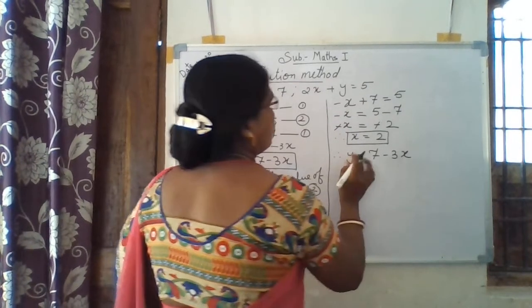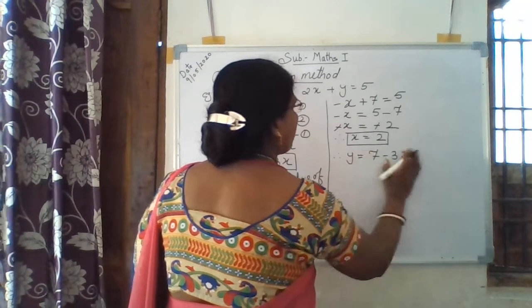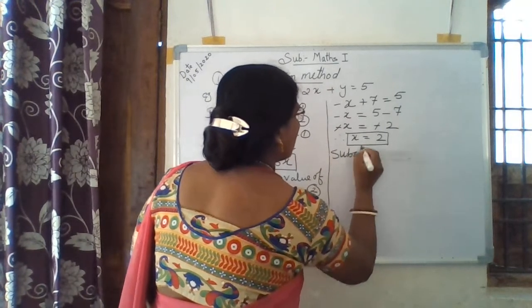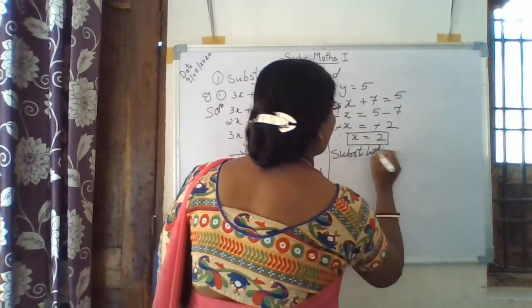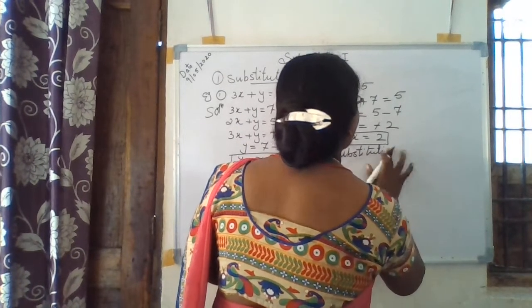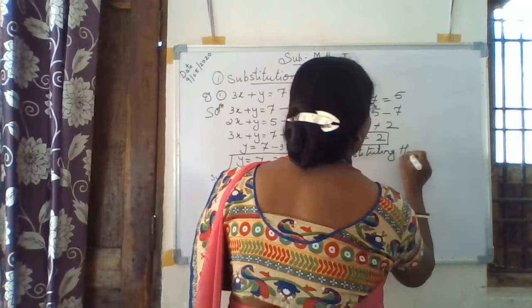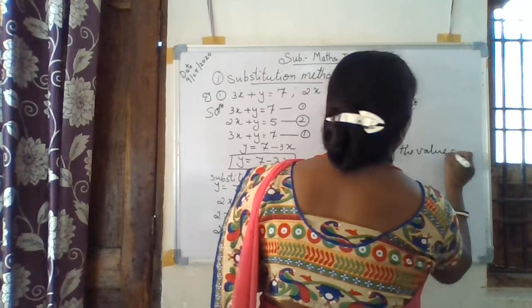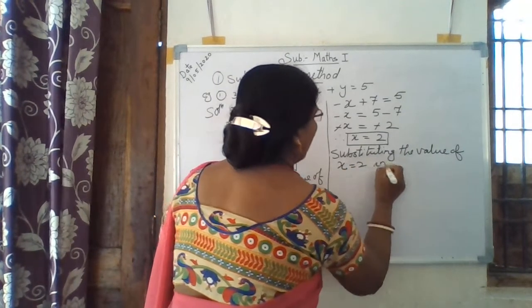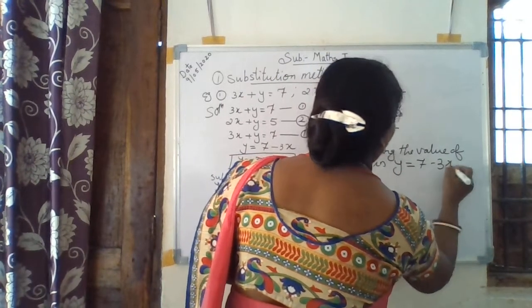So substituting the value of x equal to 2 in y equal to 7 minus 3x.